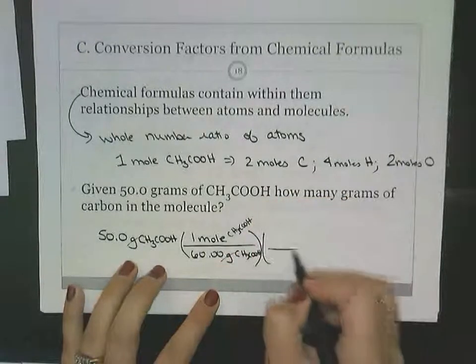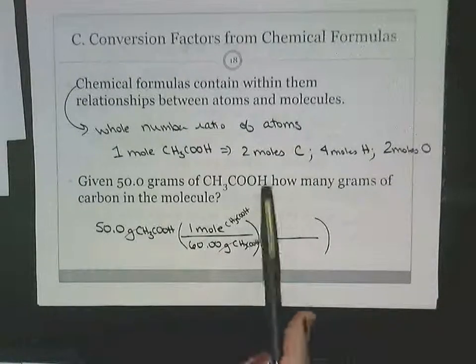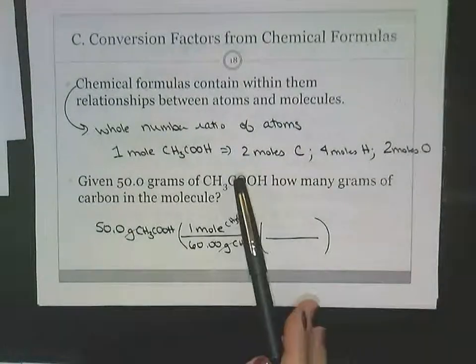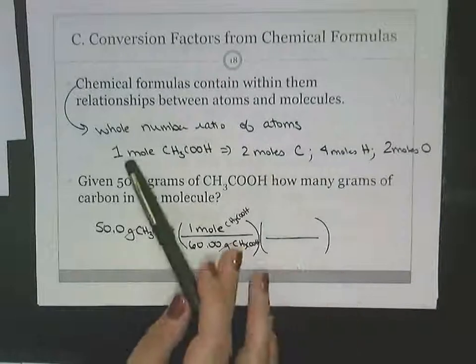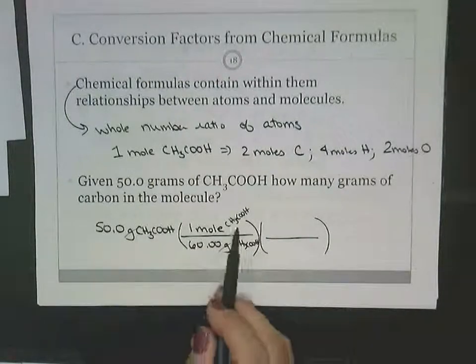All right, so now I'm in moles of acetic acid. I want to end up in grams of carbon. So what is the next step to get me on the way to talking about carbon? We have this relationship right up here that's 2 moles of carbon for every 1 mole of acetic acid. And since I have moles of acetic acid on top, I must want moles of acetic acid on the bottom.